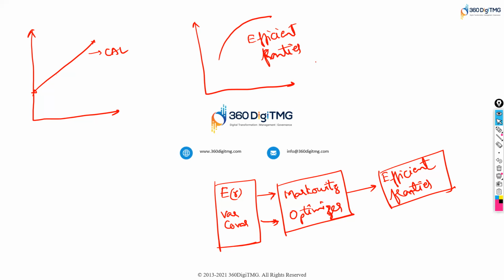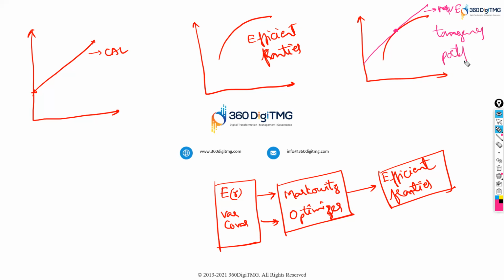And then if you want to bring in the risk-free asset into the picture, then that line which exactly touches this efficient frontier would be called the mean variance efficient portfolio or tangency portfolio, because it's a tangent.